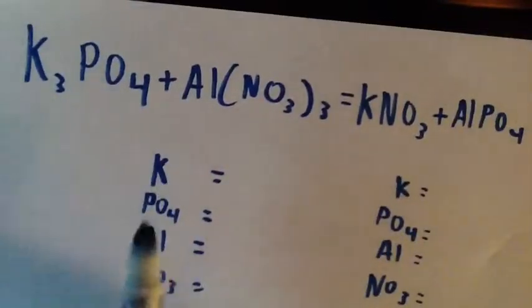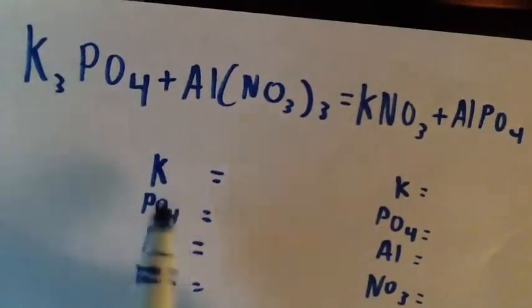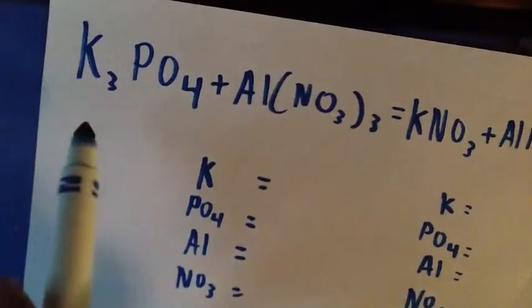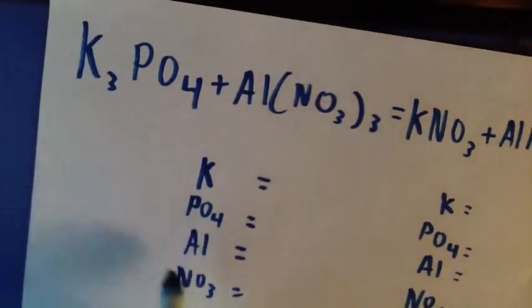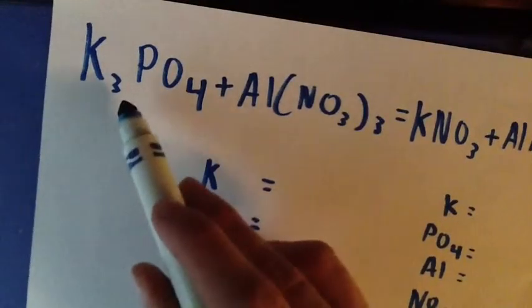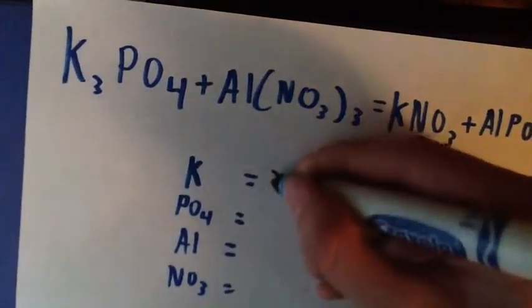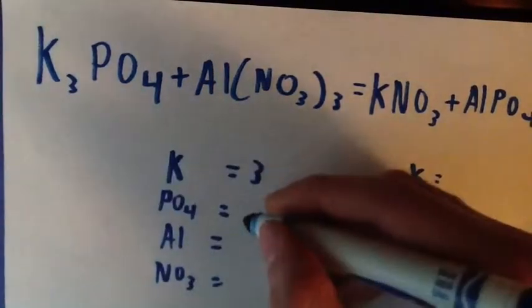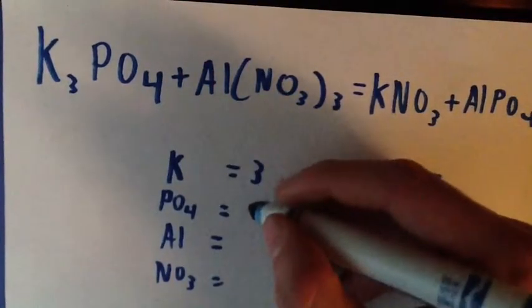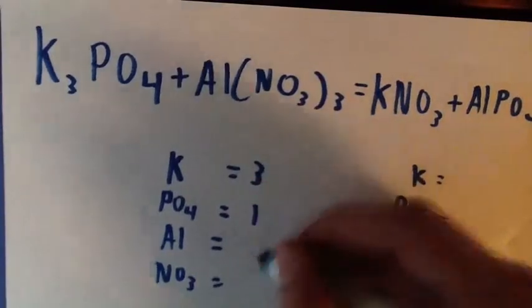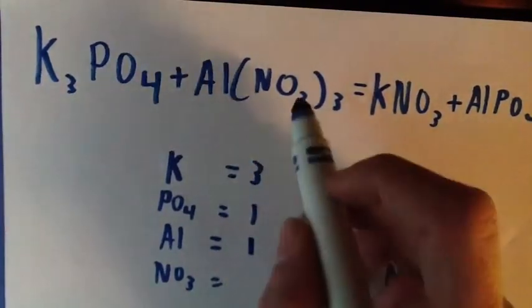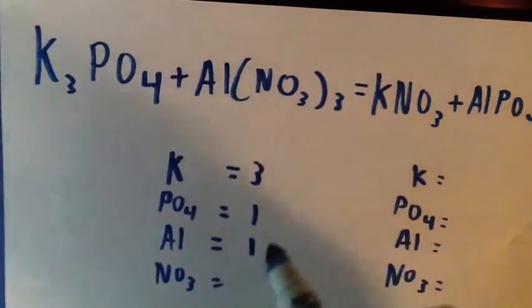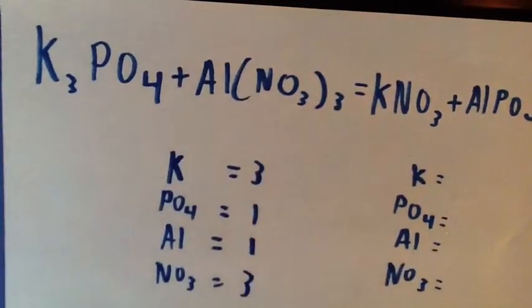To do that, I put a little table of values for the number of atoms that each one of these has. If we check, we'll see that potassium has 3, phosphate PO4 has 1, aluminum also has 1, and nitrate has 3.